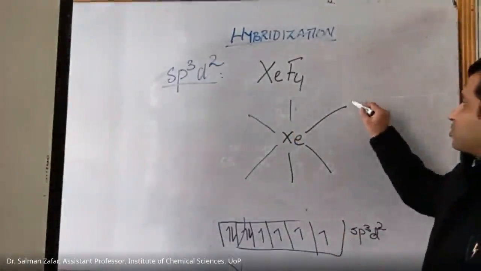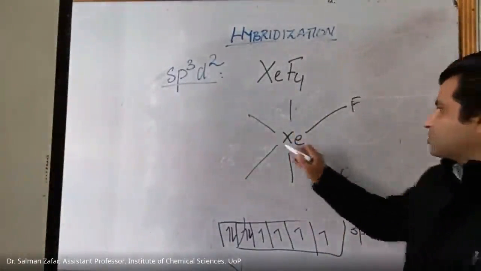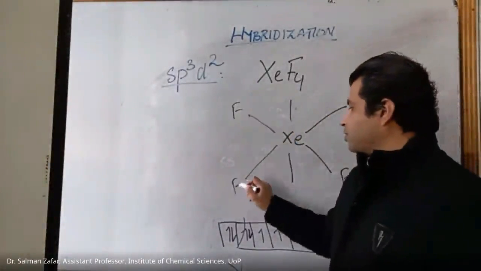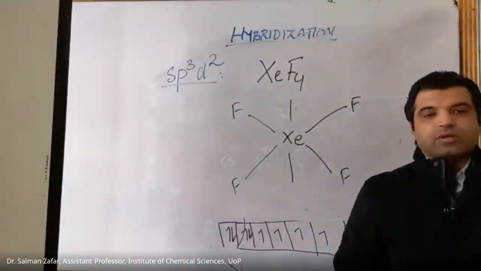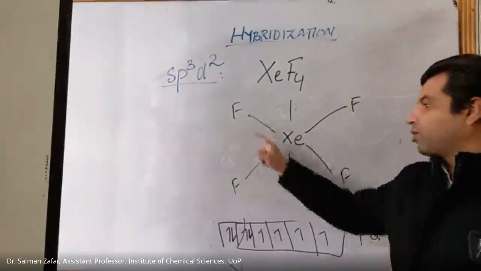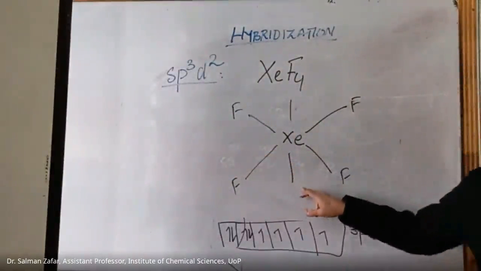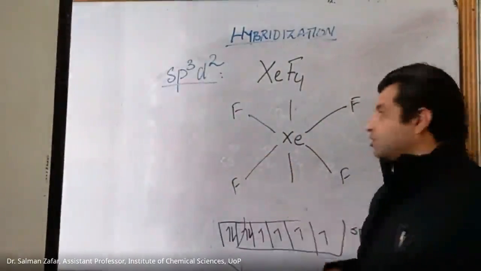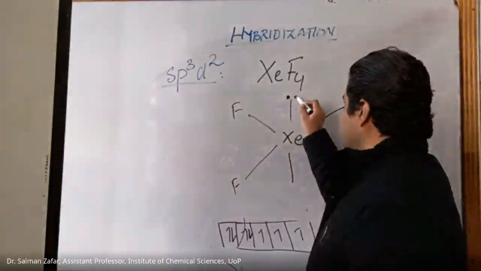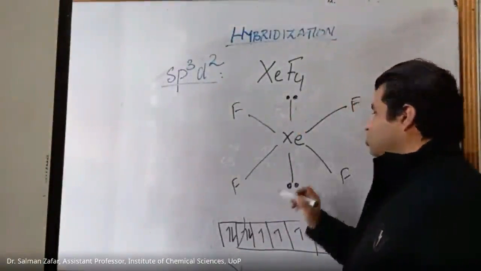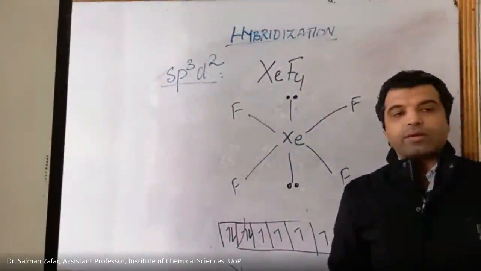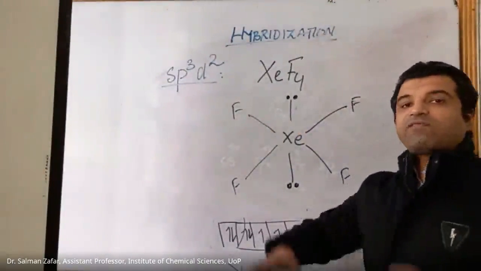These fluorines tend to be at maximum distance from each other, and so they are present on the horizontal axis, the 4 orbitals on the horizontal axis. These 2 are the orbitals on the vertical axis. So your lone pairs would like to be present here on the vertical axis to have maximum distance.